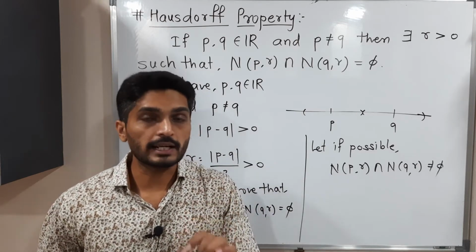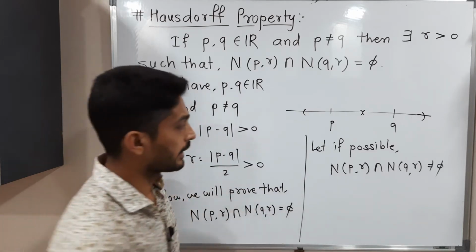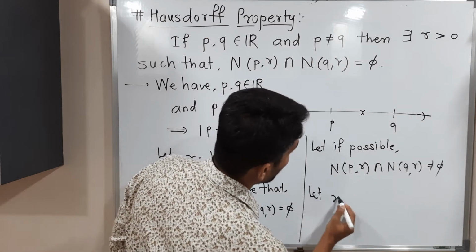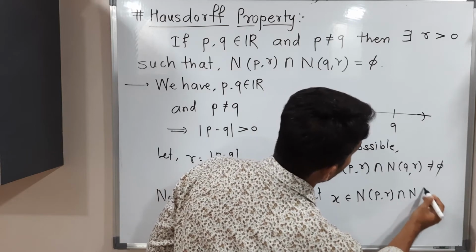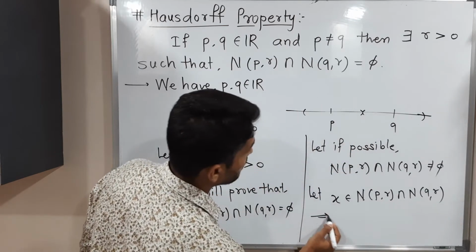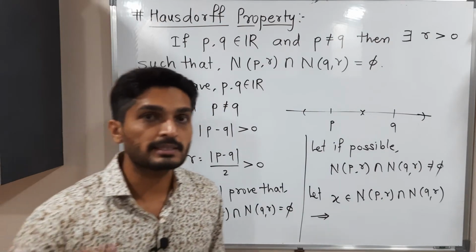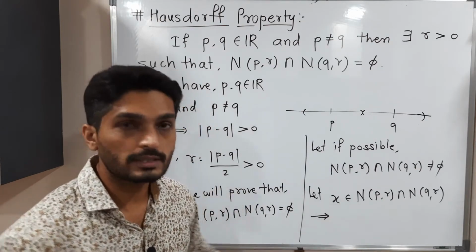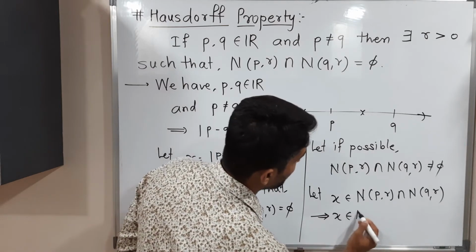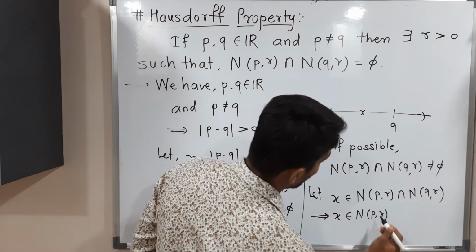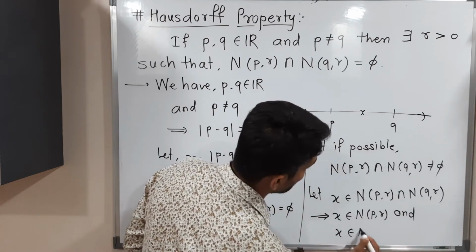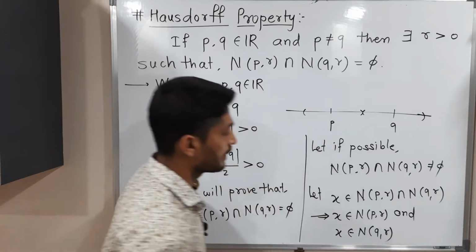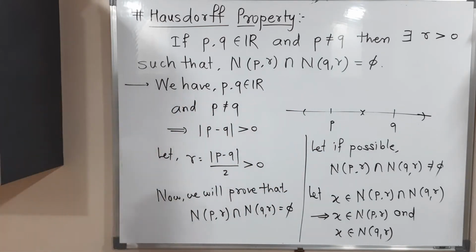So definitely we can find at least one point belonging to that. So let x belong to neighborhood of p intersection neighborhood of q. That means this point lies in the intersection, it belongs to both. So therefore x belongs to neighborhood of p comma r, and x belongs to neighborhood of q with radius r. Okay, so see, no more space there, make a screenshot of it, then we will go further.